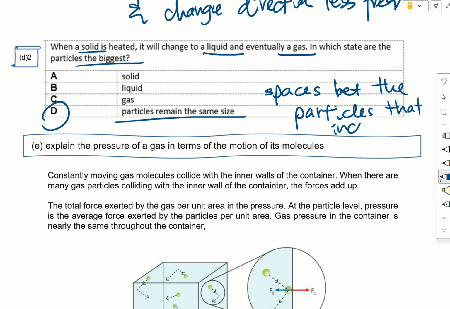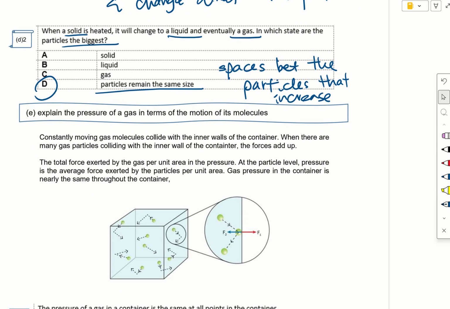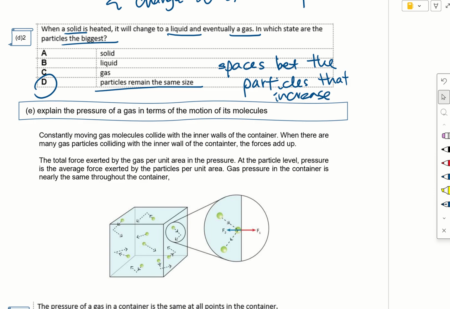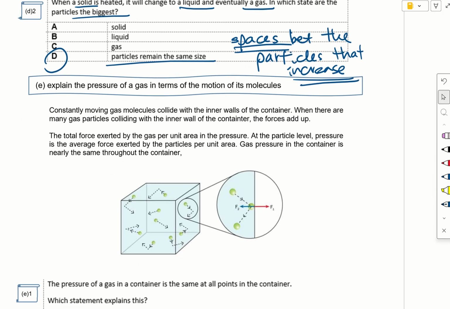For example, if I were to heat up a gas, the particles will move faster because their KE increases, and they tend to push each other further apart upon collision. So the spaces between the particles actually increase and not the particle size increasing.